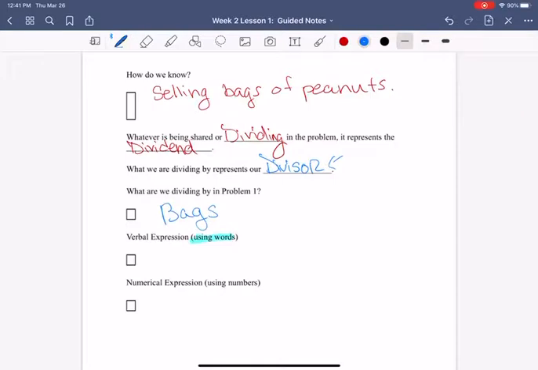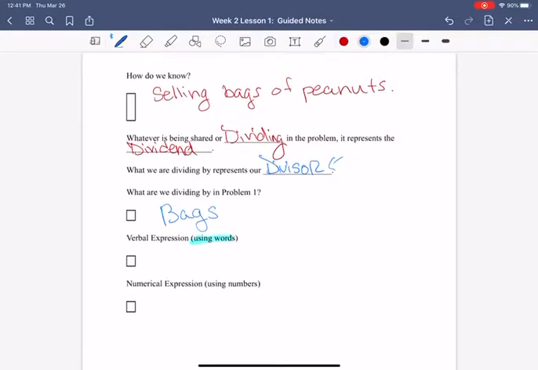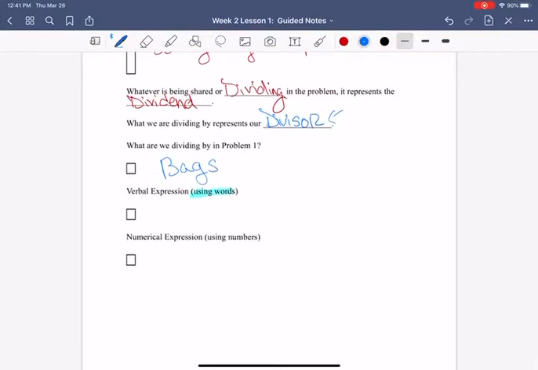So in this problem, we said that our whole, or what we were dividing or sharing, was our peanuts. So I'm going to write peanuts first in our division equation.